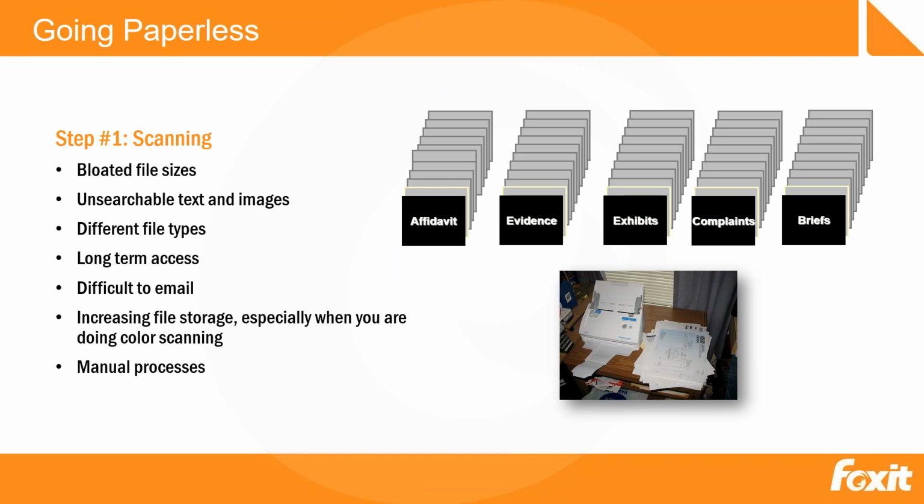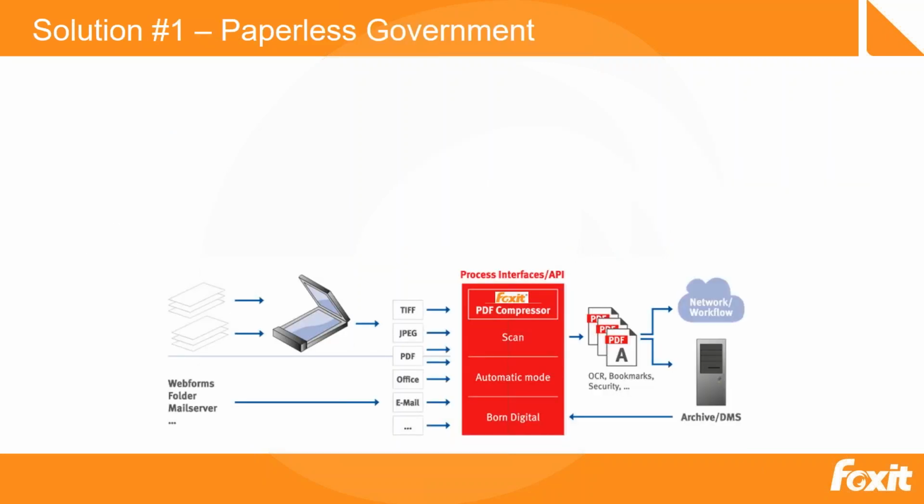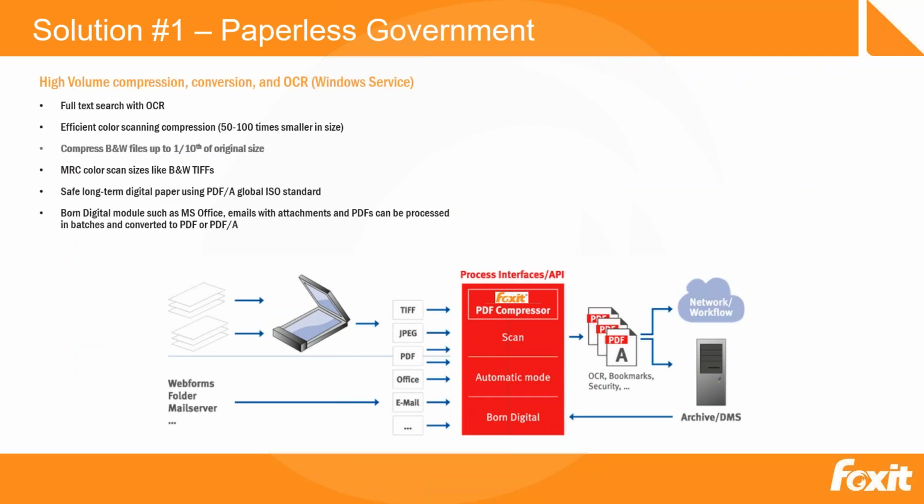So we have solutions in this area that provide automatic OCRing and a conversion into different file formats. Also, compression is very important. You can see here that we can compress black and white files up to 1/10 of their original size. Color images as well, 50 to 100 times smaller. We can do conversions to PDF/A, right?